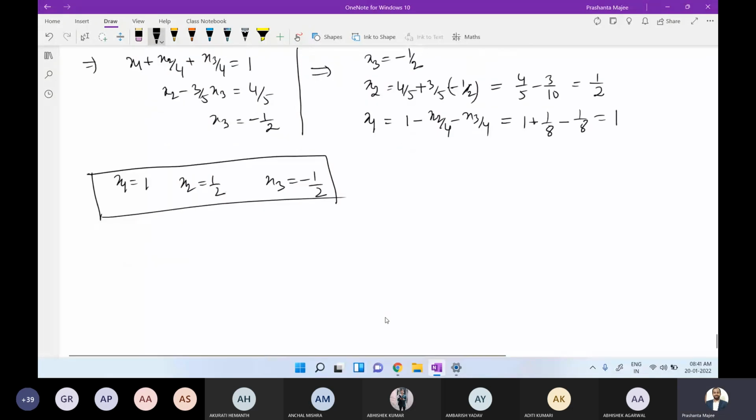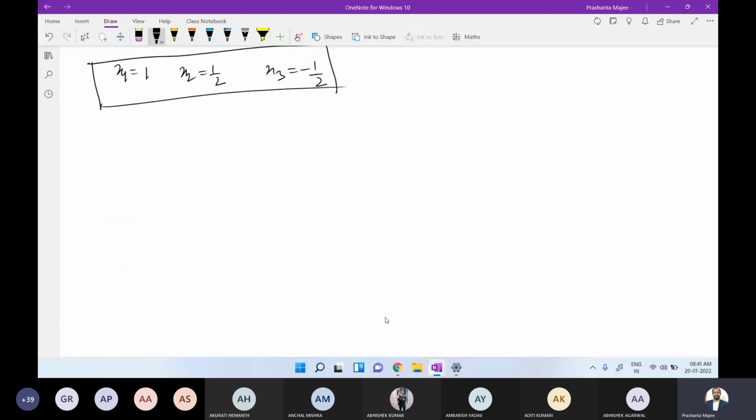Next is the LL star decomposition method. This is very similar to LU, only certain more conditions have to be satisfied by the given system. So next is the L transpose or Cholesky method.